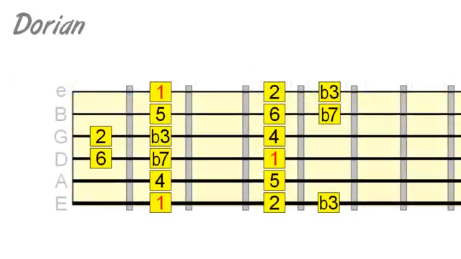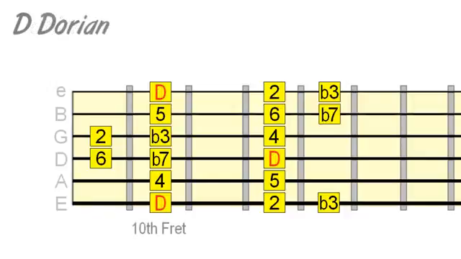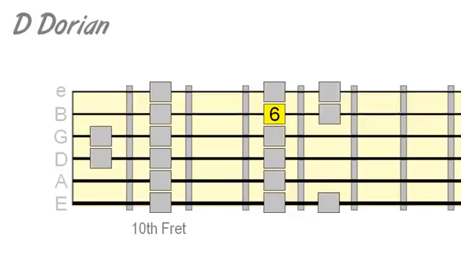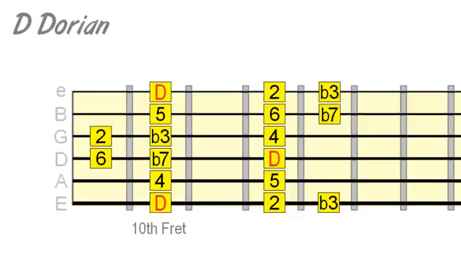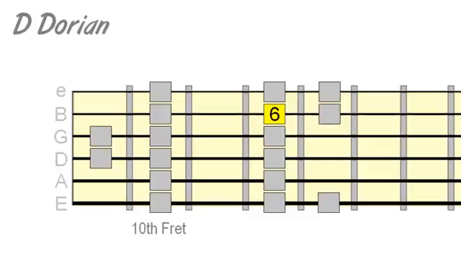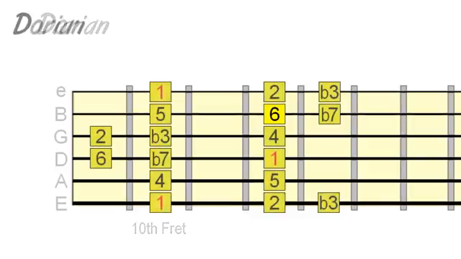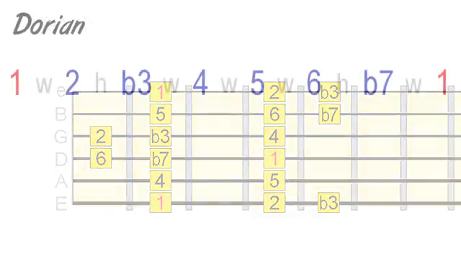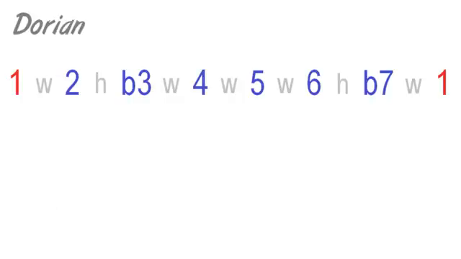In this example, our root is D, so we're playing D Dorian over D minor. This also means if you hear a movement of minor harmony that touches on this major sixth, there's a strong chance it's in Dorian.